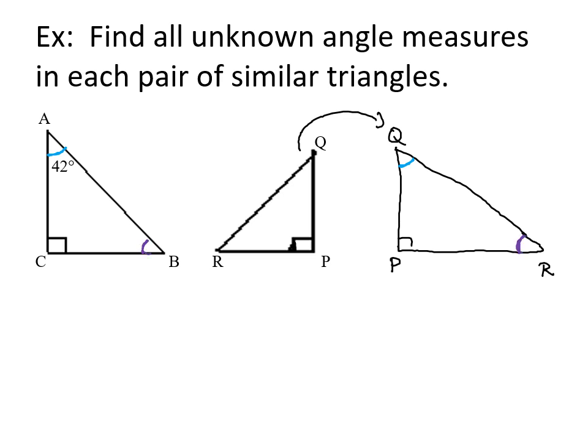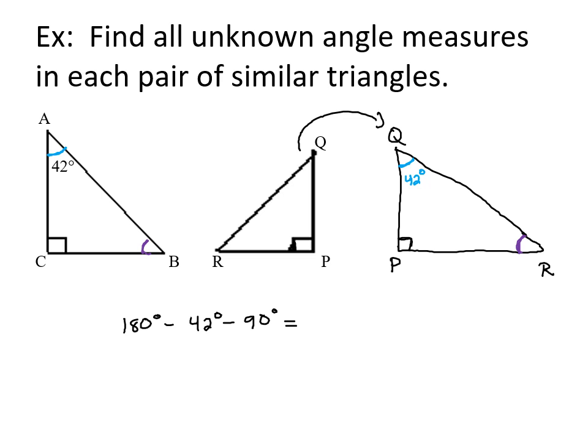You already know that angle C and angle P are both 90 degrees. So they're really just asking you what is Q and what is R and what is B. And so since A is 42 and Q is in the same spot, it must also be 42. Because all the triangles have to add up to 180, if I took 180 and subtract 42 and subtract the 90 for the 90 degree angle, I'll find my missing angle.